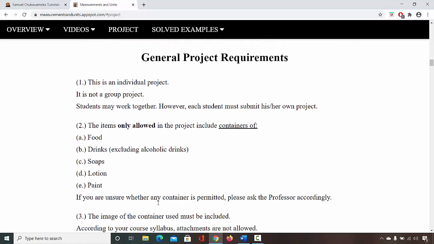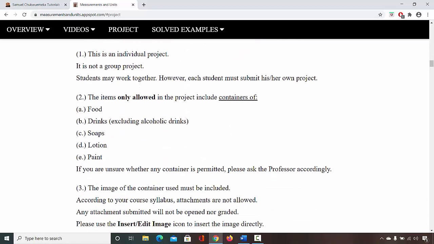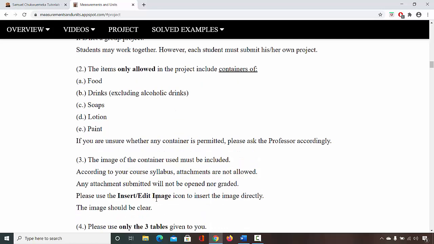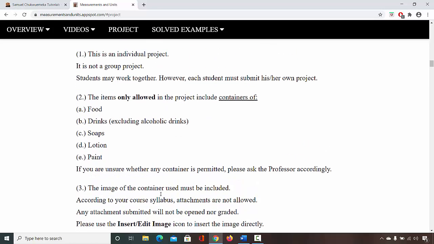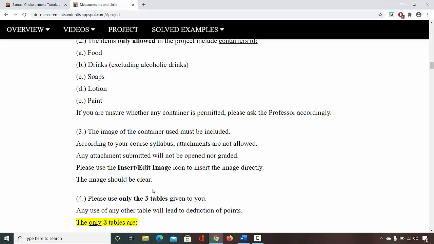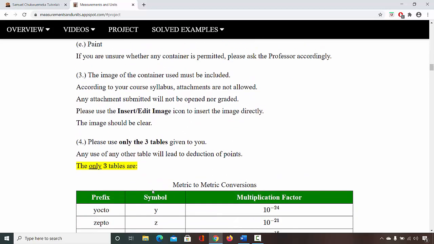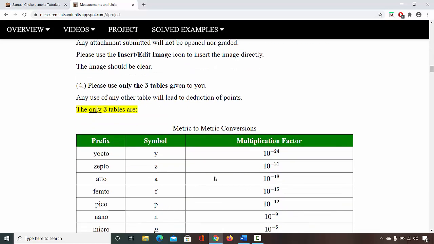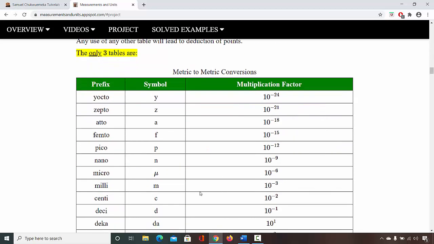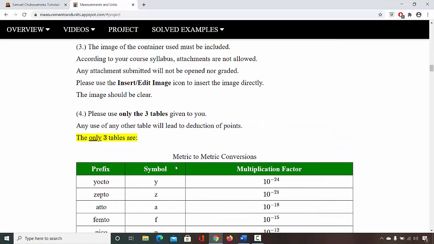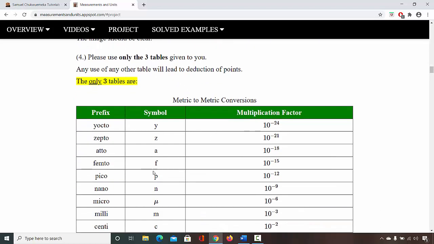So I give this project to my students when I teach them conversions or proportions or proportional reasoning, or even fractions, because with fractions we still deal with proportional reasoning. And I only give them 3 tables that they can use. They cannot use any other source.